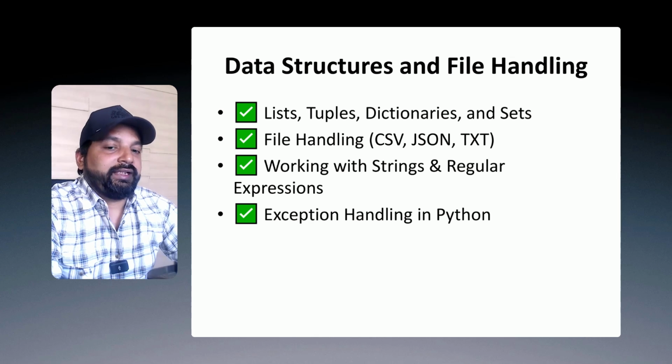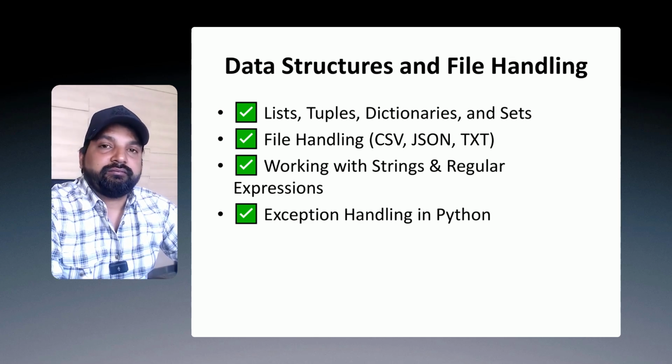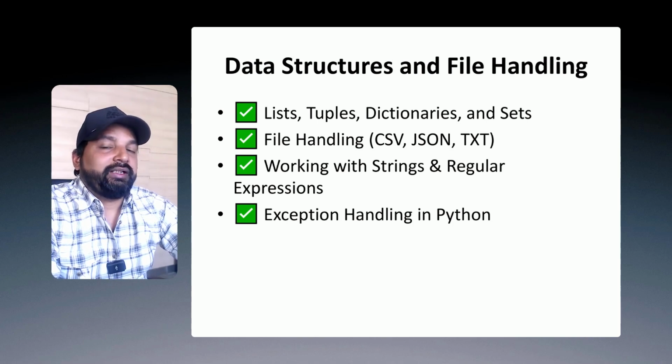You will get familiar with how to work with strings and regular expressions. You will also get to know how to do exception handling in Python. These are very important basics which a learner should know while going into the field of artificial intelligence, while going into the field of machine learning.